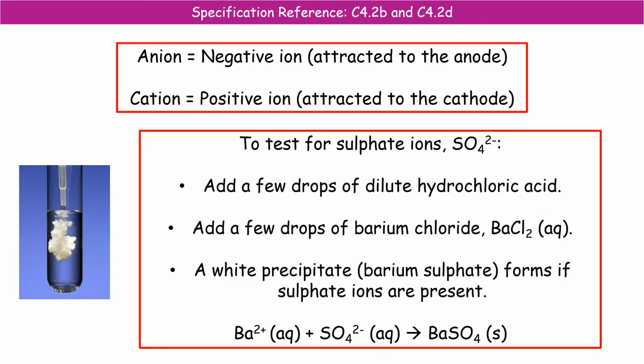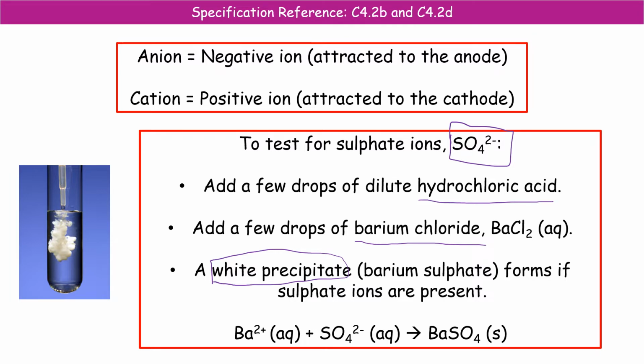The first test we need to know about is the test for sulfate ions, SO42-. In order to test for sulfate ions, you add a few drops of hydrochloric acid, and then add some barium chloride, just a few drops again. If we get a white precipitate forming, then sulfate ions are present.